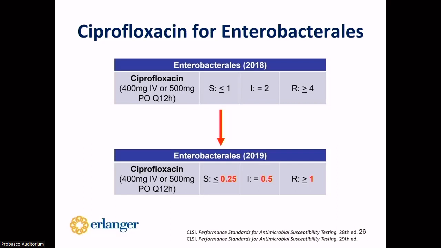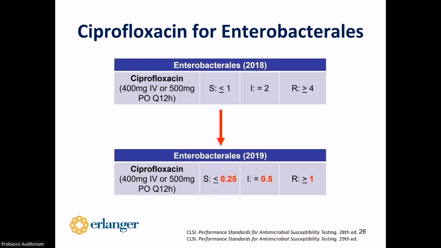And this was done for a couple of reasons. The first being, this is also the UCAST breakpoints. This is also FDA breakpoints, so it does promote harmonization. Additionally, most infections being treated with fluoroquinolones are UTIs. So we now know that urine concentrations are much higher than serum concentrations, and we're likely adequately treating the infection.